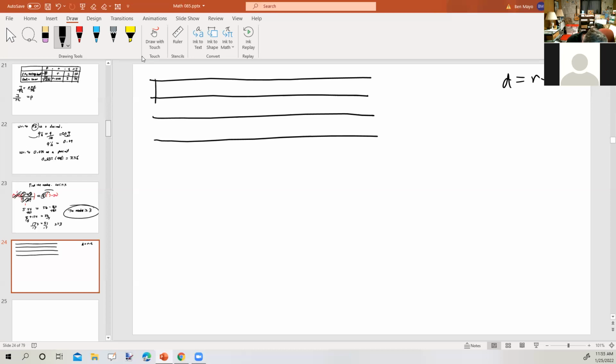So we've got the Dodge Charger and the Chevy Corvette. Okay. So distance equals rate times time.